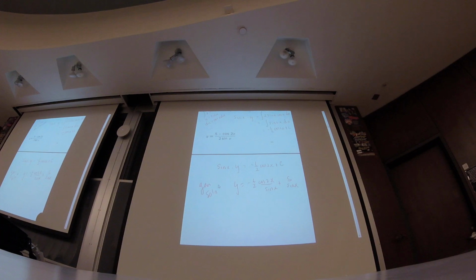Now, we had an initial value problem, so I have to plug in the initial condition. Y at, I think it was pi over 2. Wasn't it pi over 2? I believe it was pi over 2. It could be 3. So y at pi over 2 is minus 1/2 times the cosine of 2 times pi over 2, which is pi. The cosine of pi is minus 1, divided by the sine of pi over 2, which is 1, plus c. And we want that to be 3.